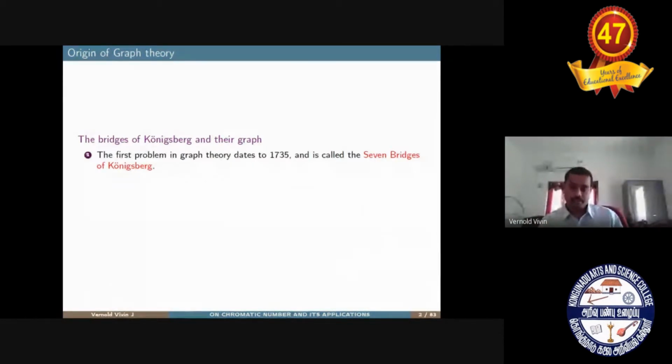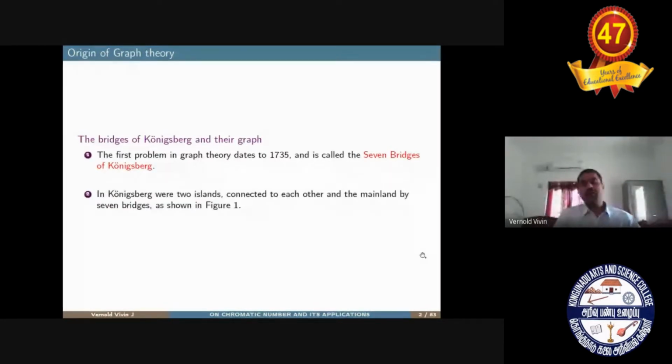In Königsberg, there were two islands. They are connected to each other and to the mainland by 7 bridges. There is an area called Königsberg, and here you can find two islands connected to each other and to the mainland by 7 bridges.